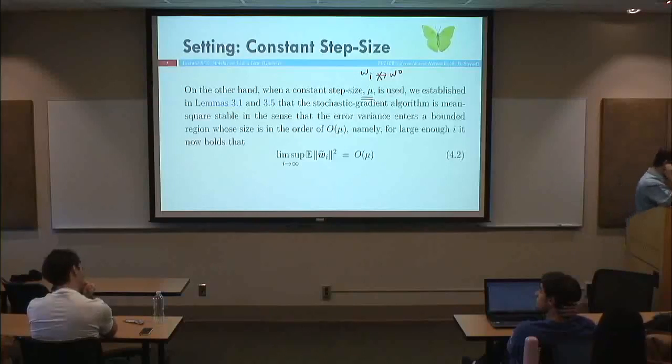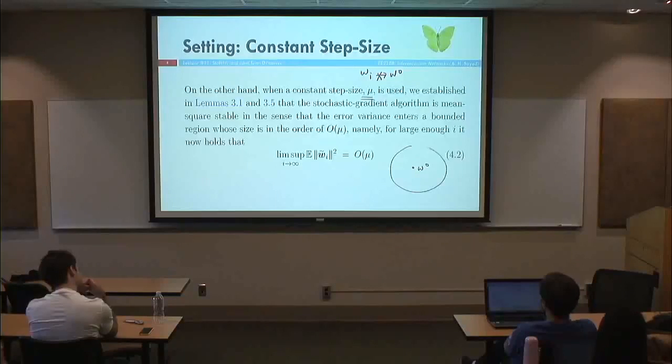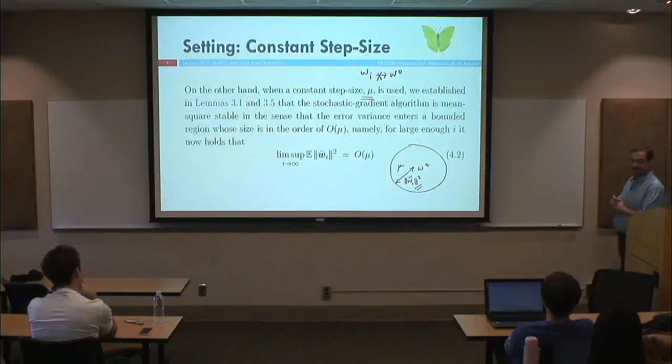So one interpretation for this result is that if this is the optimum here, and if you draw a circle, and if this distance measures the norm of the error squared, then what this is essentially saying is that on average, this norm squared will be within a circle of radius mu.